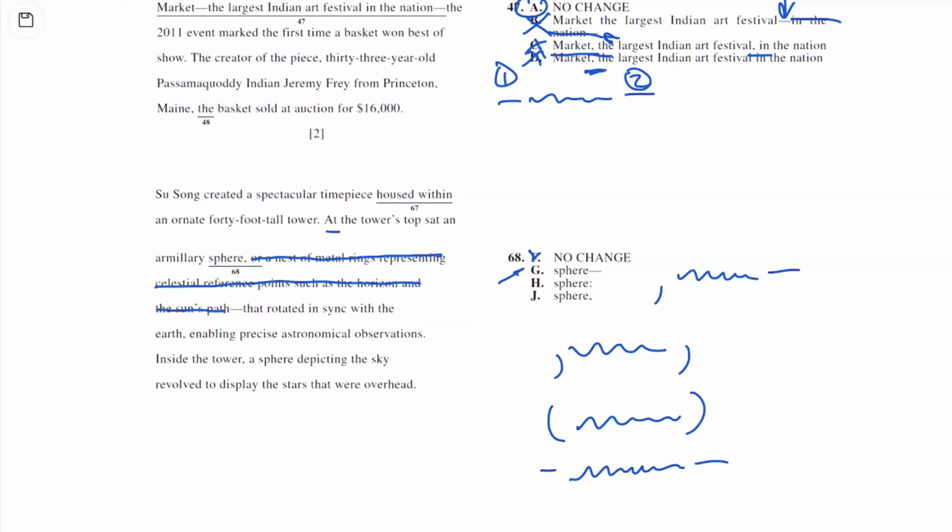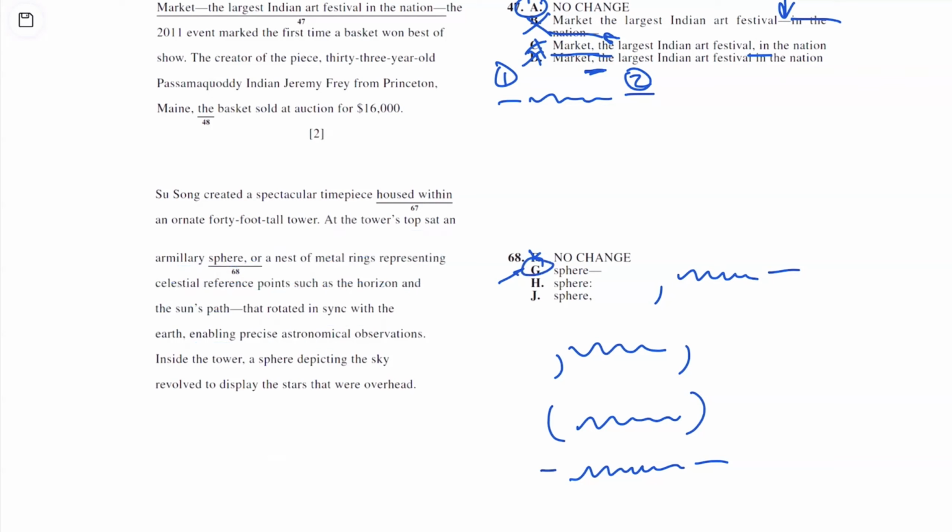Let's start here. At the tower's top sat an armillary sphere that rotated in sync with the Earth, enabling precise astronomical observations. This right here is the independent clause, and it works when I take out this information. That's that crazy information used to confuse you. So G is looking like it's my correct answer.